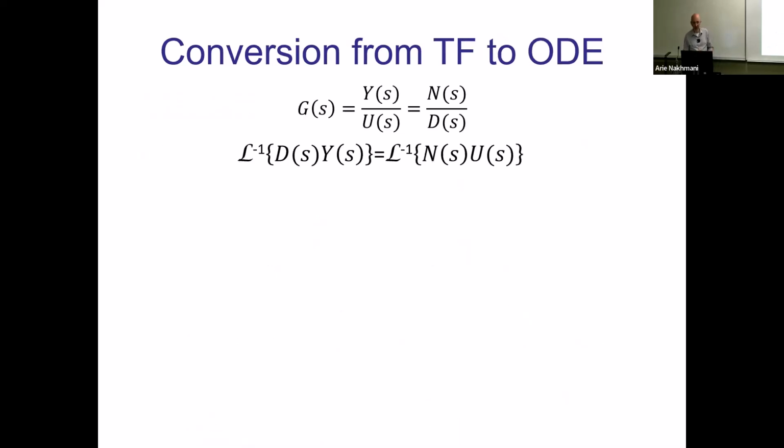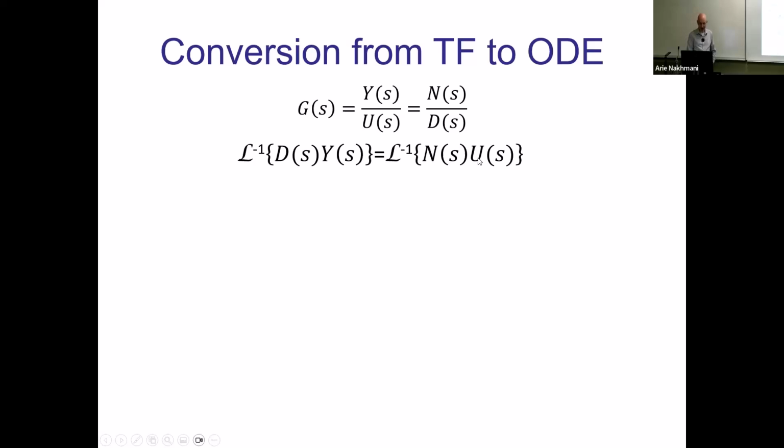It's a very simple procedure. You know that your transfer function, which is output divided by input, has some polynomial here and another polynomial there, so it's a numerator and denominator polynomial. You can cross multiply them and take the inverse Laplace transform on both sides.